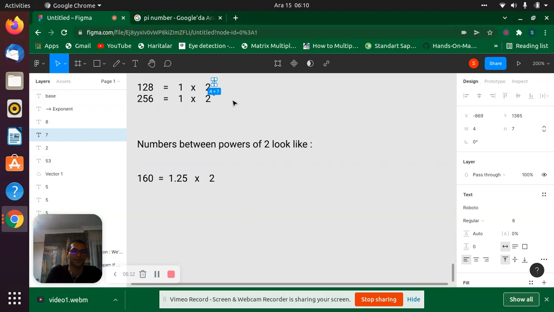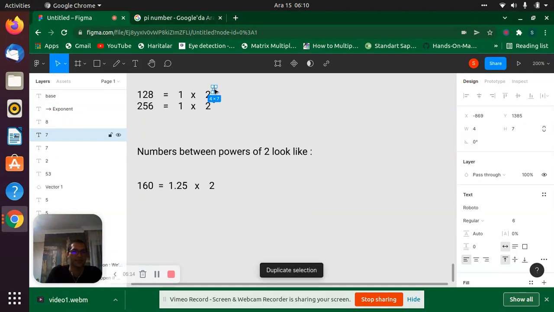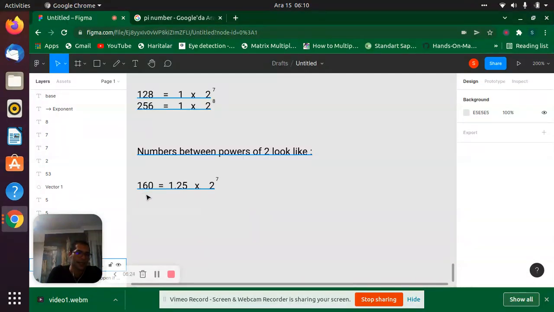What do you think? It's crazy. I know what's happening there. Okay, 160 is just like that, 1.25. Also you can think like minus 2, so minus 2 power of 2, right? 1 divided by 4, it's right, like that.